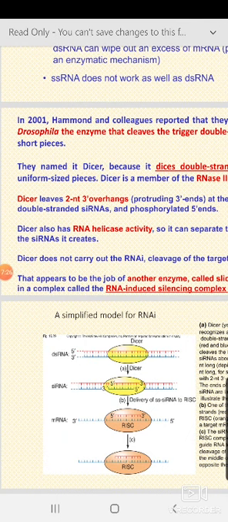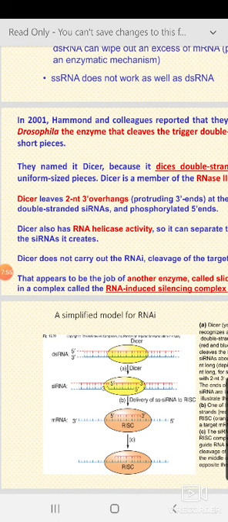That means after Dicer treatment, I have small RNA which we named siRNA, and this enzyme has another activity, that is helicase, RNA helicase activity. So the strands can be unwound. Now try to understand: this small double-stranded RNA was generated from the gene exon sequence.